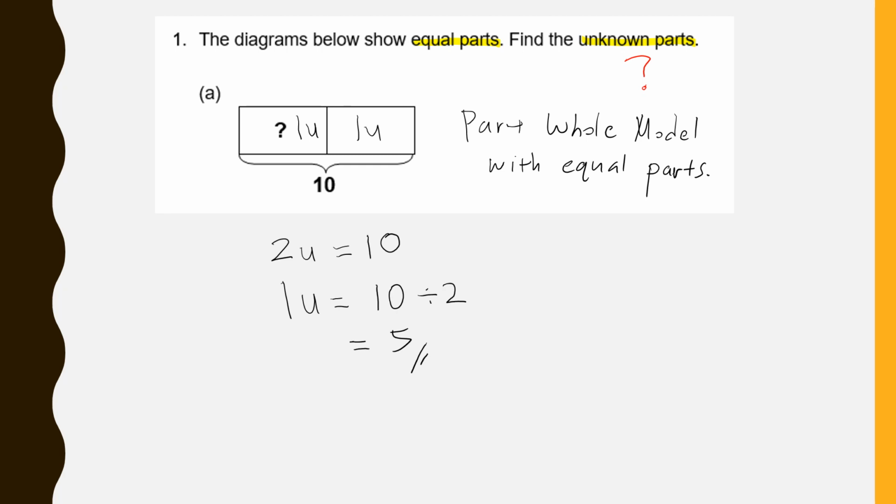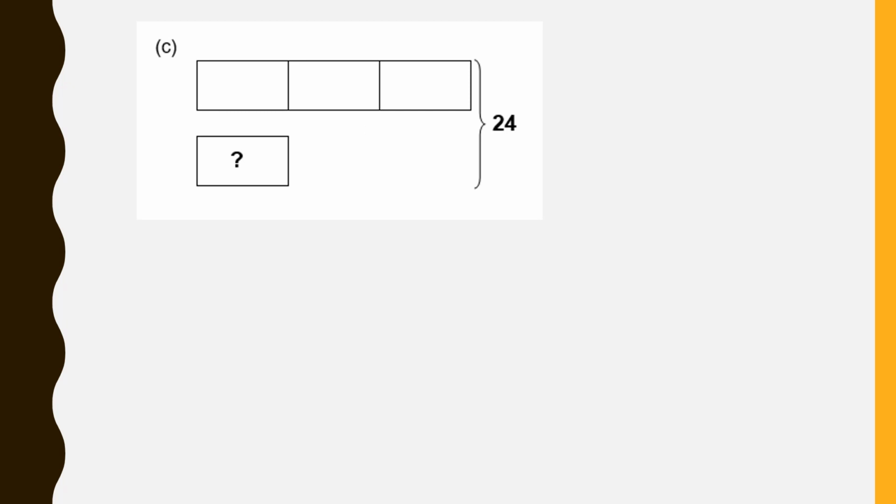Let's move on. Now for this question, there will be something else you need to do. First, I would like you to draw a line at the side like this. This is to ensure that the two bars are in line.